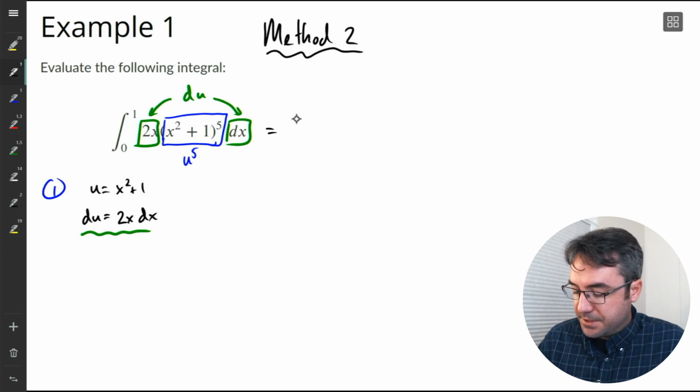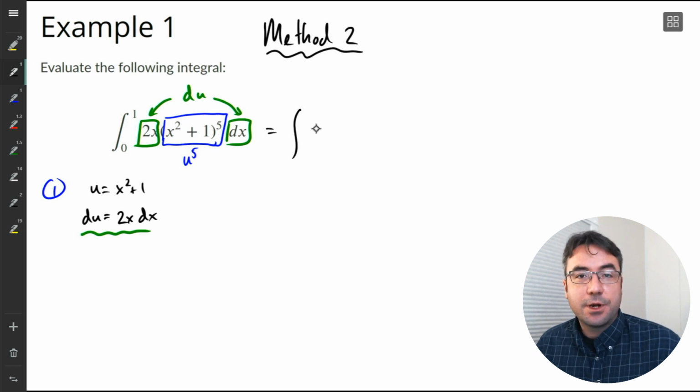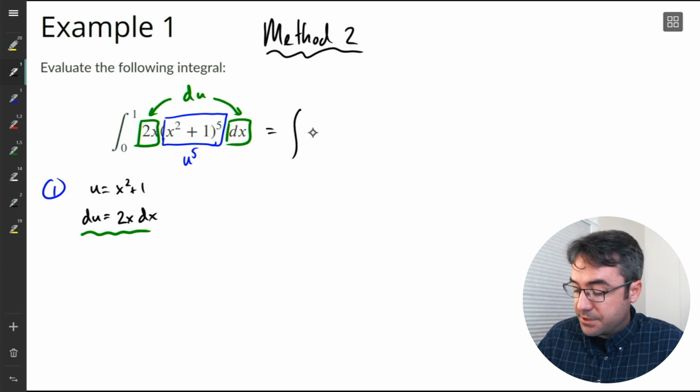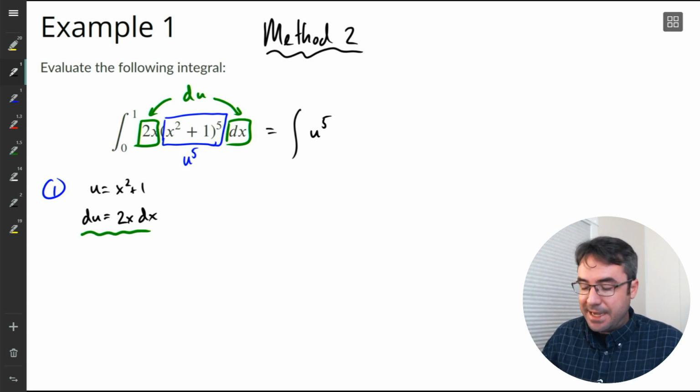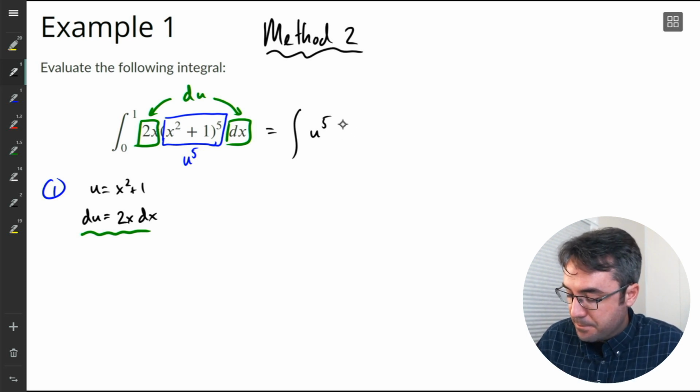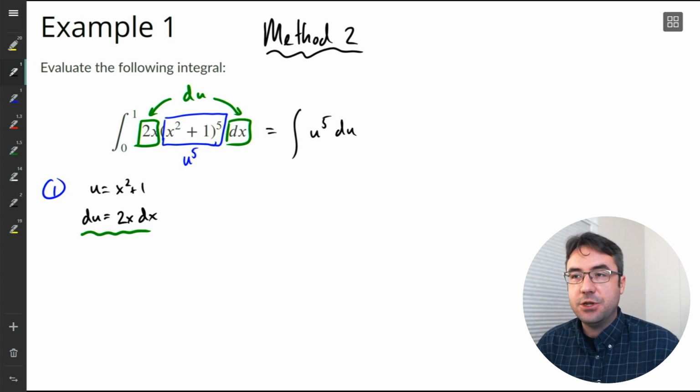All right, so let's plug in all of our pieces. So we know that x squared plus 1 raised to the power 5 is going to become u to the power 5. And then the 2x and the dx are going to merge to form our du there. The only thing that's going to be different now is we're going to leave our limits of integration in terms of x.